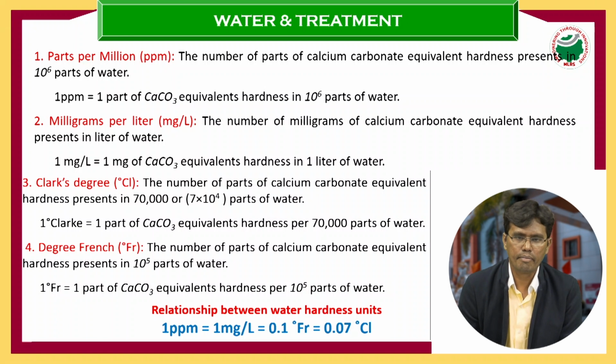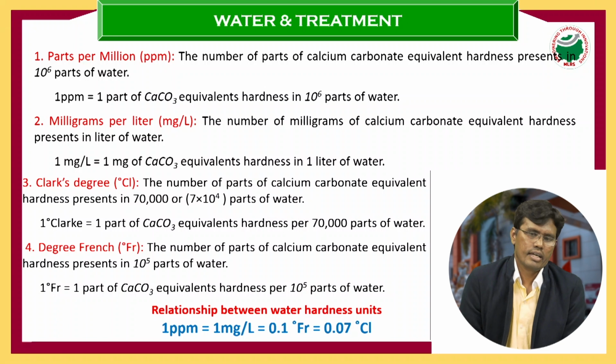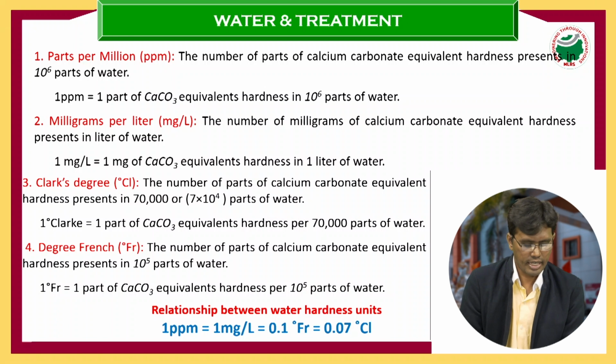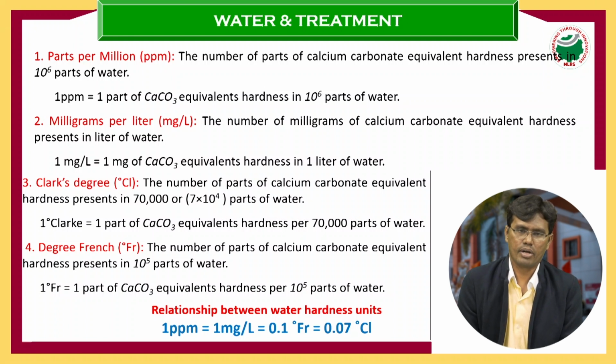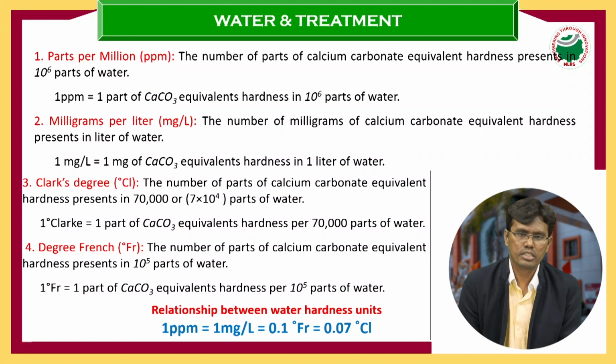Again, please remember there are 4 units: ppm, parts per million, 10 to the power of 6; milligram per liter; Clark's degree, 7 into 10 to the power of 4 parts; and degree of French, 10 to the power of 5 parts. This is also similar to parts per million.